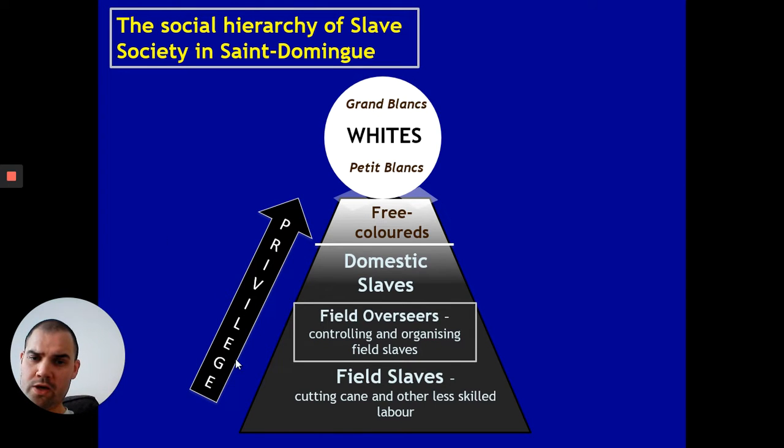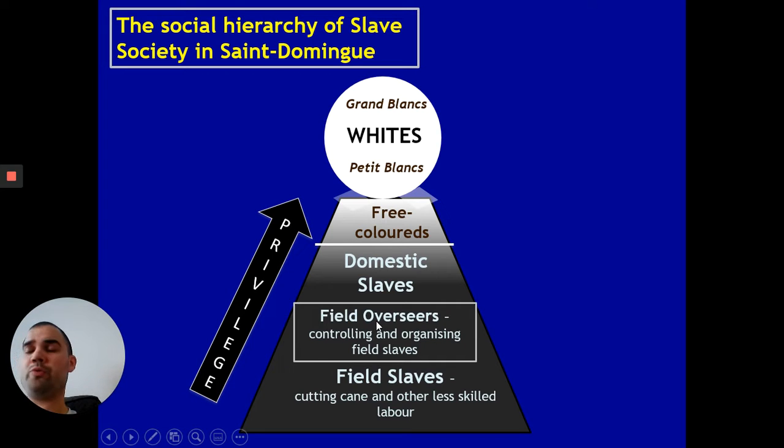And the way it goes is that there's a couple of key things to point out. So you start at the very bottom with the field slaves. Okay, so these are the African slaves who had to work in the fields cutting the sugarcane and the ones loading and processing it in those mills we saw in the picture in the previous lesson. Okay, now there were some slaves above them who had more privileges, who were called overseers.